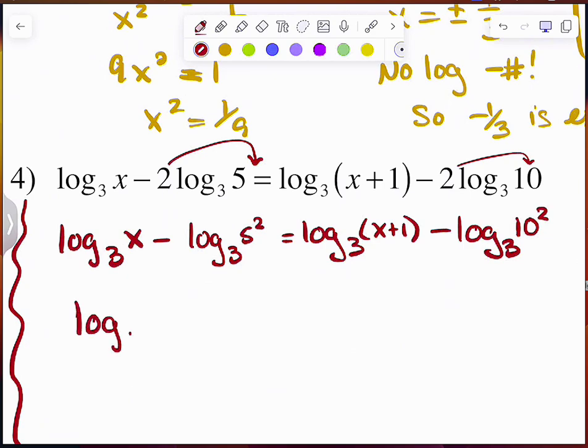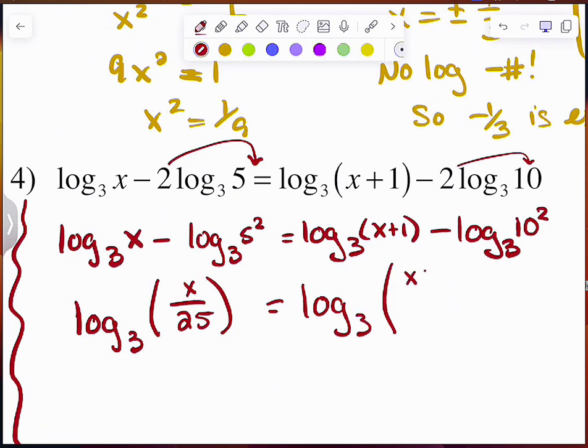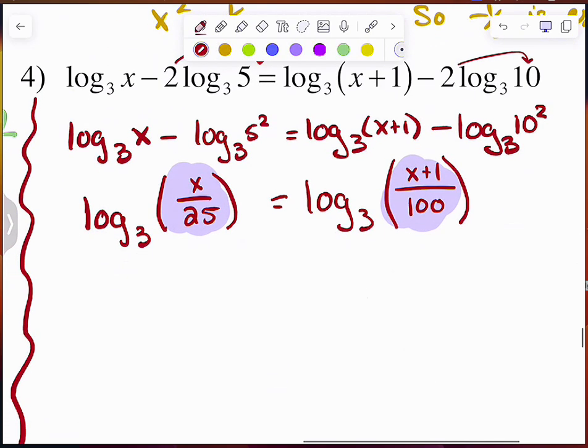So log base 3, since it's being subtracted, we do x divided by 25, since 5 squared is 25, equals log base 3 of x plus 1 divided by 100. And since our log base is the same on both sides, that means that our insides are equal.